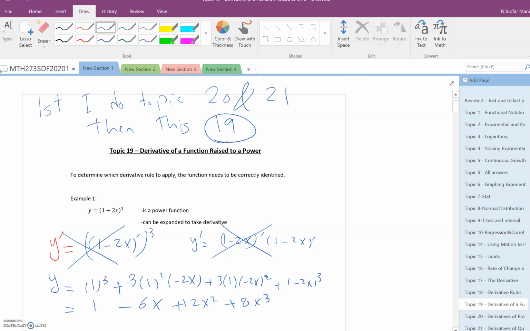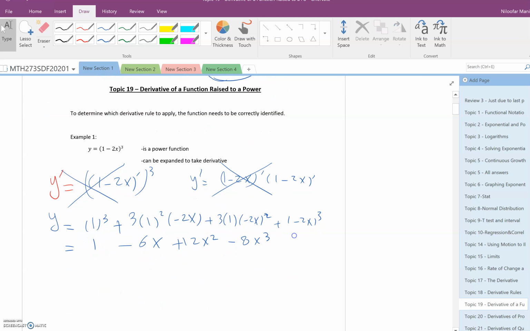Because I don't have my solutions in front of me, if I make a mistake somewhere, just let me know. Yes, it's by Pascal: the first one cubed, then 3 times the first squared times the other one, which is minus 6x, then 4x squared times 3 gives 12x squared, and the last is minus 8x cubed.